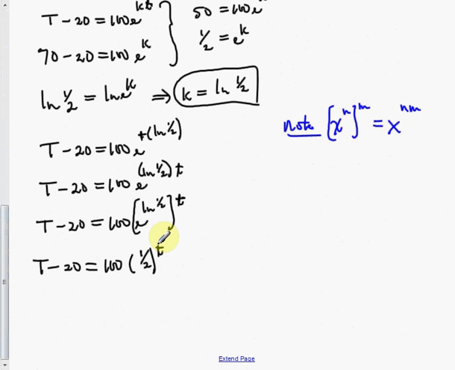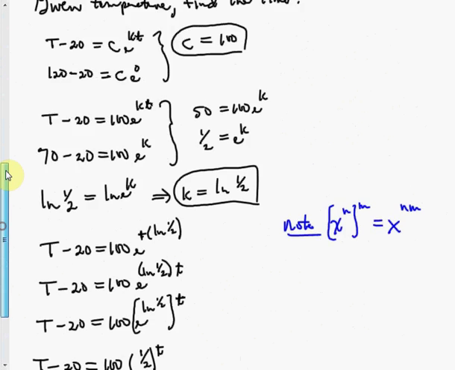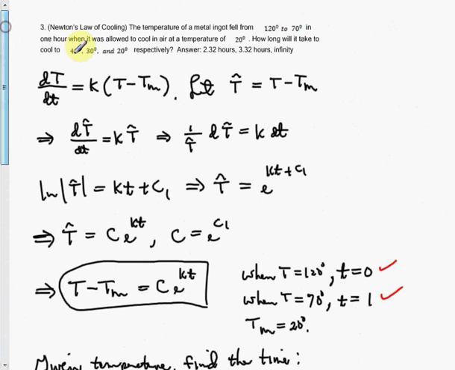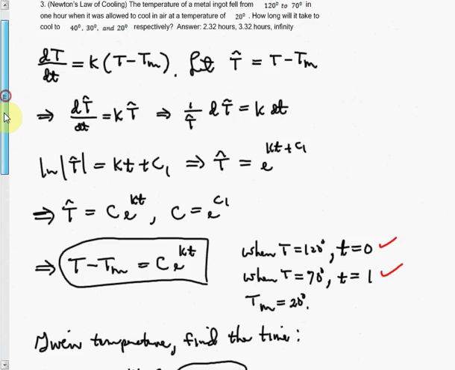So I have left just that 1/2, and all of that is being raised to the tth power, right? I'm looking for t eventually. It says for the problem, what if the temperature is equal to 40 degrees? Can you find how long will it take? Can you find little t?